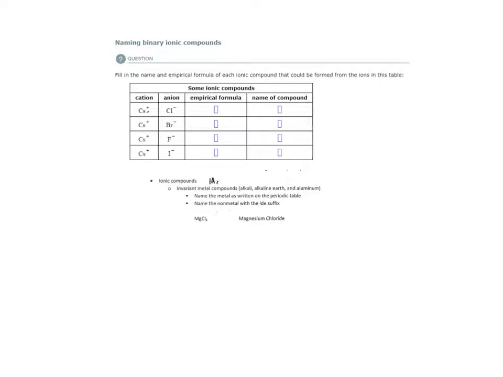So 1A, 2A, and aluminum are considered our invariant metals. So in this case, we have cesium of charge +1, and our first anion is chloride, Cl -1.